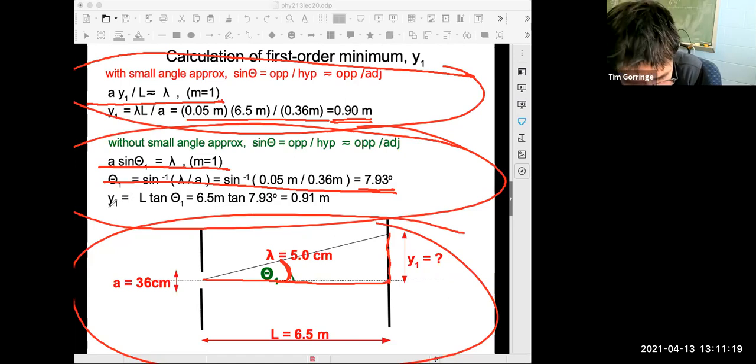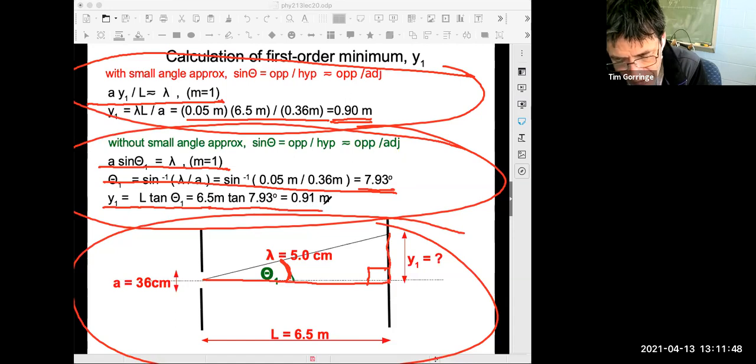And so finally then, to calculate the distance to the fringe from the center of the diffraction pattern, I just used the trigonometry of this right angle triangle, that tan of this angle is the opposite over the adjacent, or the opposite is equal to the adjacent times the tan of the angle. And I filled in the distance, the adjacent side, 6.5 meters, and the tan of the angle. And I got 0.91 meters.